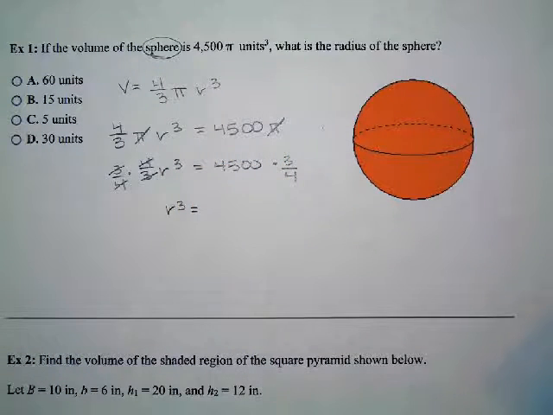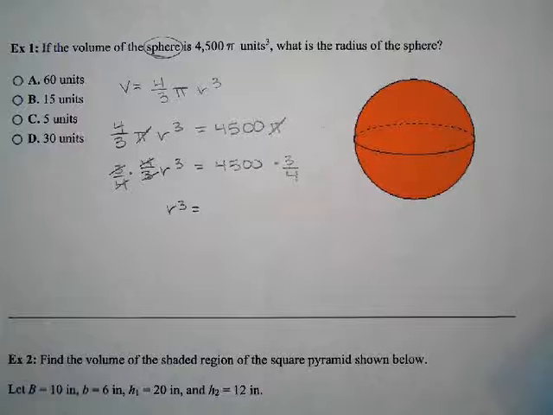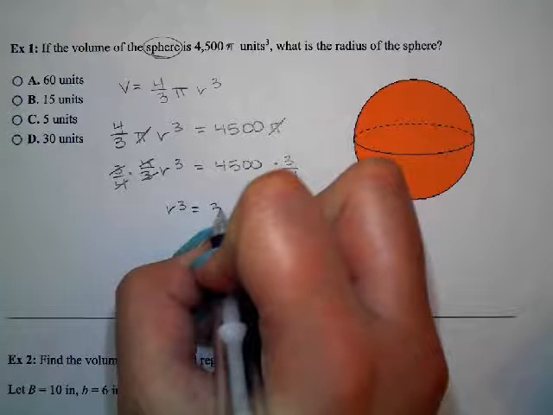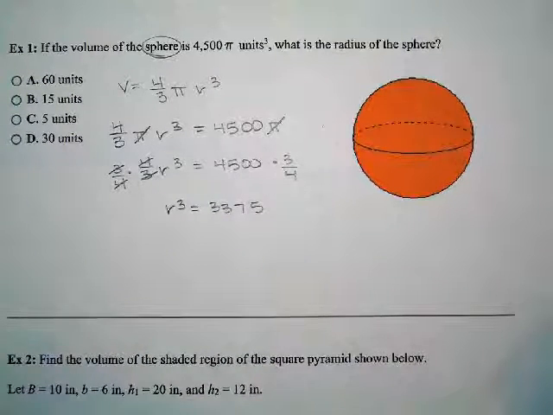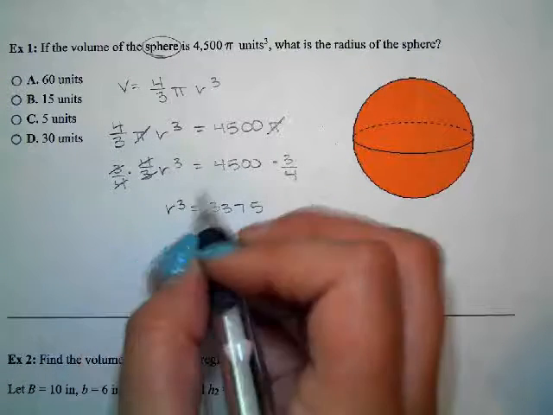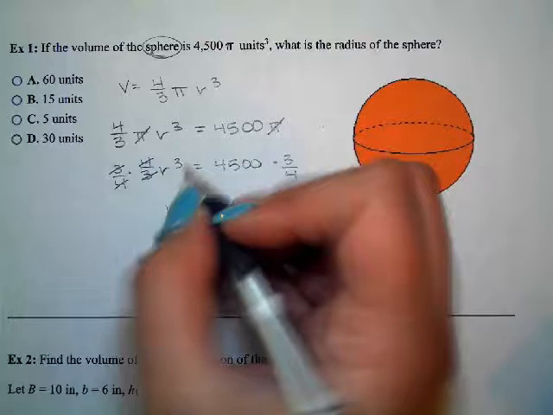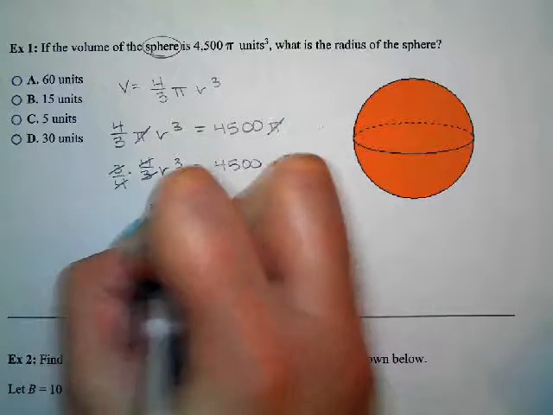And then 4,500 times 3/4 is 3,375. And then from here, to get rid of an exponent of 3, you just have to take the third root.